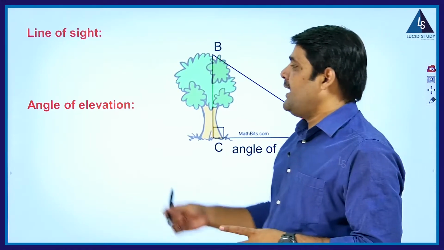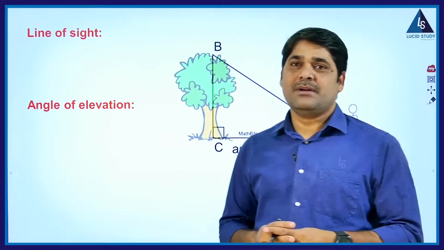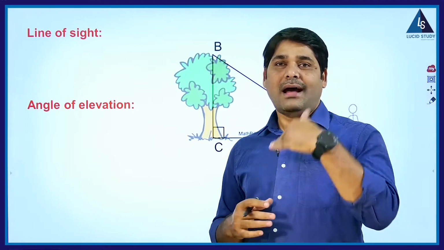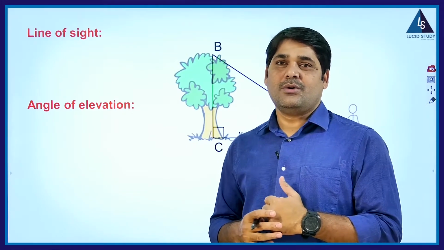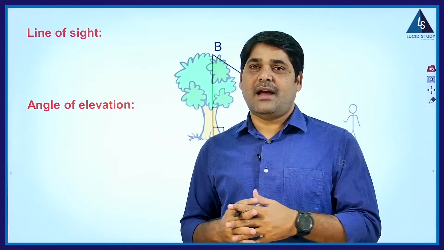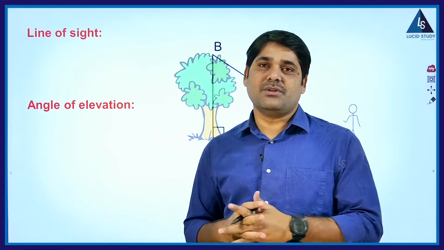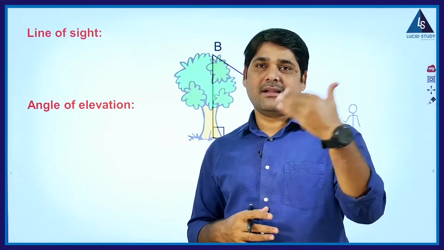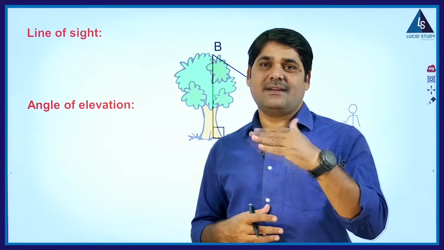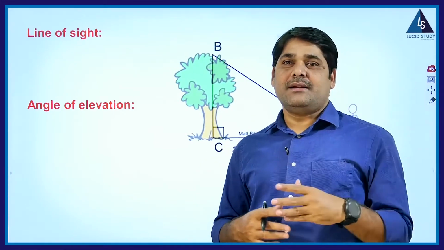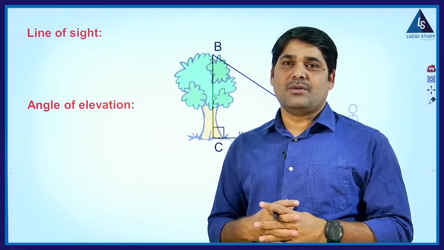Okay, next one, angle of elevation. If you are observing any object that is higher than you, then there will be an angle of elevation. Angle means degrees we will measure, we know this, right? Any object which is taller than you, you will see the top of that object by lifting your eyes a little higher.